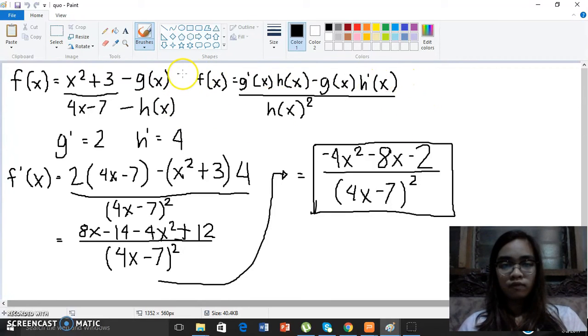Before that, what we did in product rule, we'll also do in the quotient rule. To make it simpler, we'll get the values of g prime and h prime. The g prime has a value of 2. Where did I get this 2?